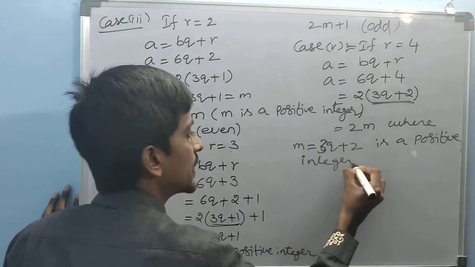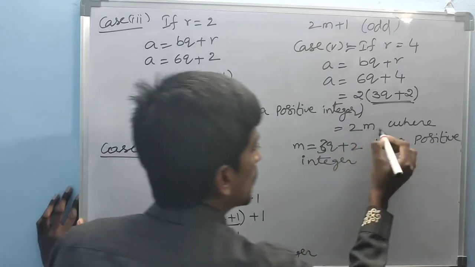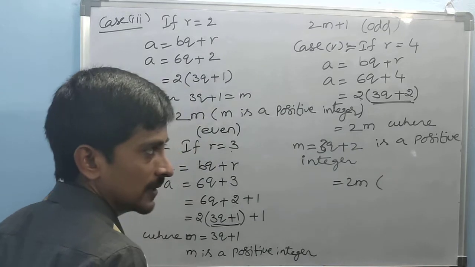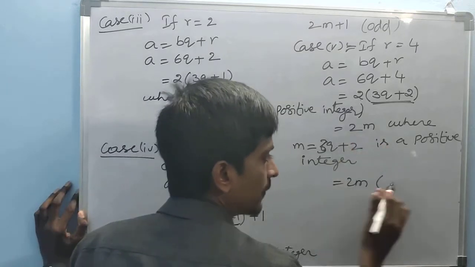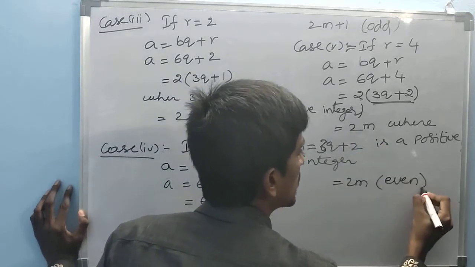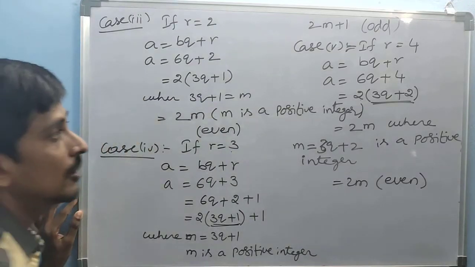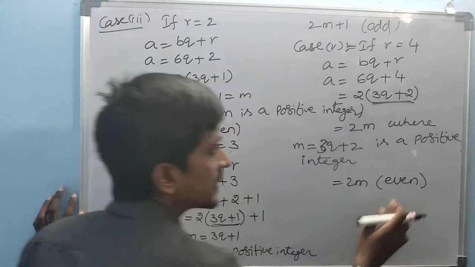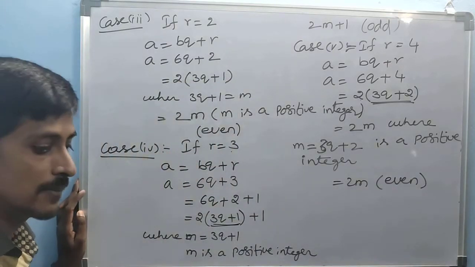So what is the general form of 2m? 2m is the general form of even numbers. So 6q plus 4 is an even number.